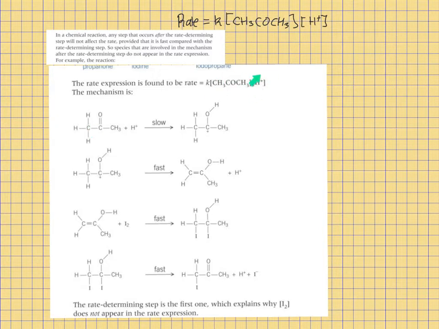It's first order with respect to hydrogen ions, as there is 1 mole of hydrogen ions in the rate determining step, and it's first order with respect to propanone, as there is 1 mole of propanone molecules in the rate determining step. It's zero order with respect to iodine molecules, as these do not appear in the rate equation. They are in consecutive steps that happen really, really quickly. All mechanisms, therefore, are deduced by experiment and determining the rate expression.